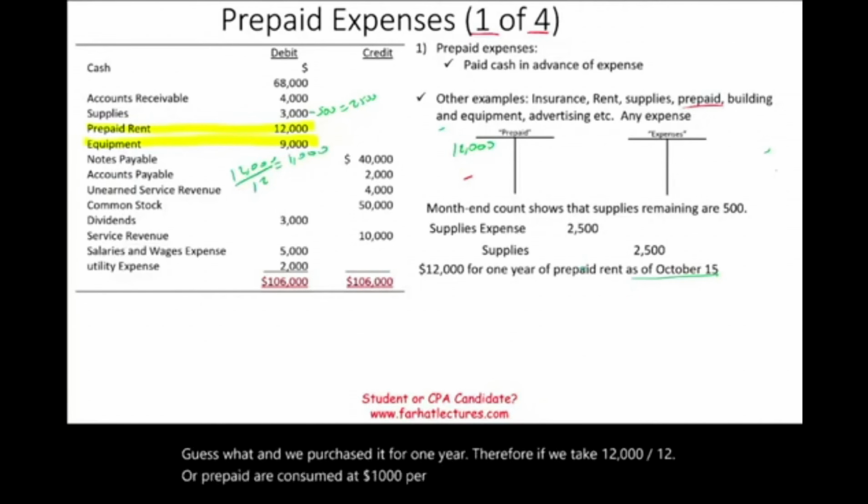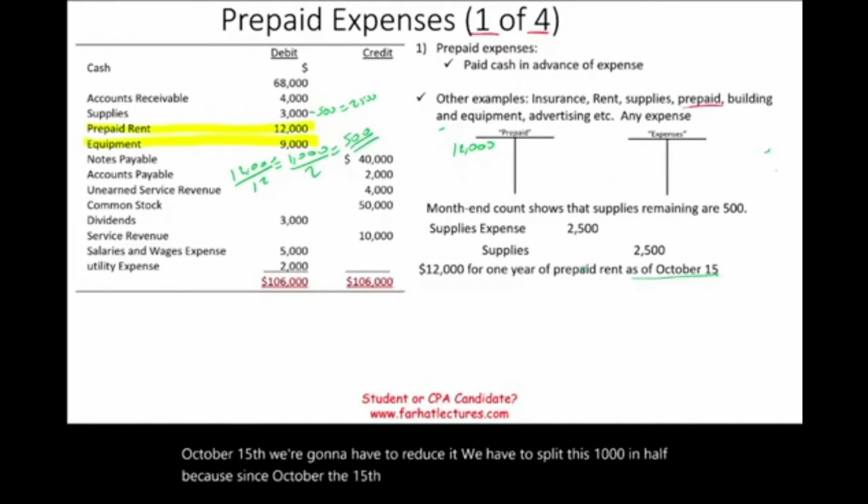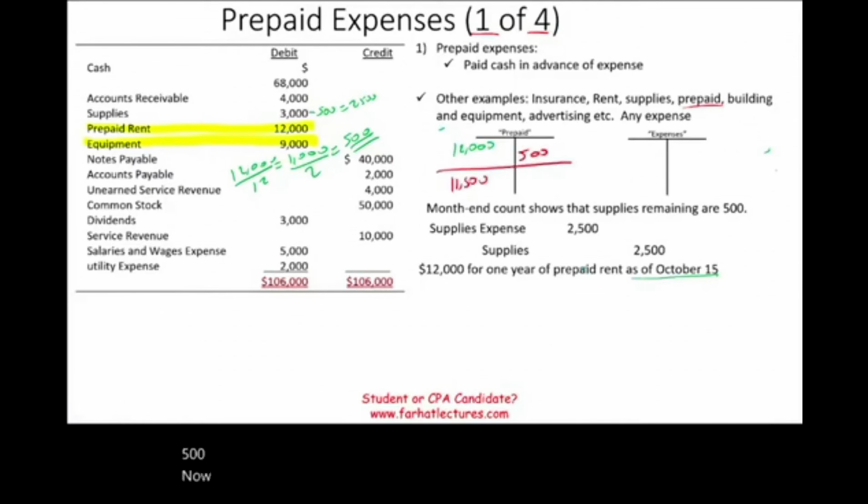However, since we bought it on October 15th, we have to split this 1,000 in half because since October the 15th, we consumed $500. What does that mean? It means we have to credit our prepaid $500. Now the prepaid balance is $11,500 and we have to debit our rent expense $500.